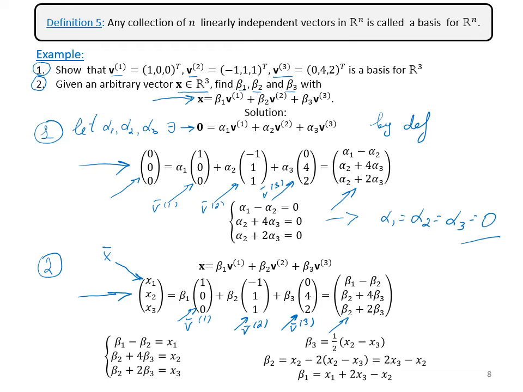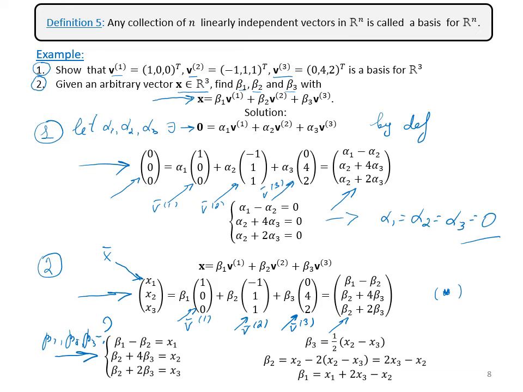This system, let's say system star, is equivalent to this system, where we should find beta 1, beta 2 and beta 3. These are our unknowns.